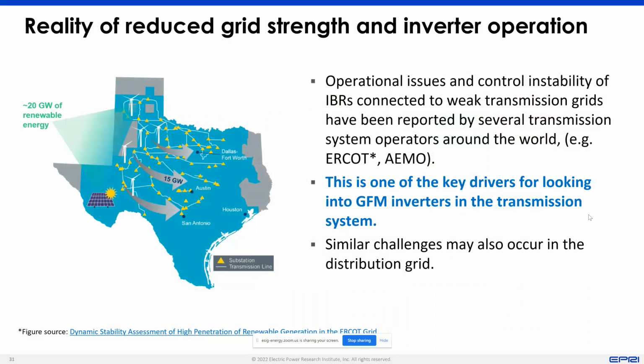And one of the examples around the world, I don't know what happened to the figure, but one of the examples around the world is both in the Texas power system and in Australia, where there are pockets of inverter-based resources far away from load centers and having to ship power through those long transmission lines, shipping power to load centers located far away, where that could be one place where grid forming inverters can help stabilize the portion of the network and help stabilize that pocket without having to think about black start capability, without having to think about whether it's needing to run a 100% inverter system or not. It's more about keeping that small pocket of the system stable.